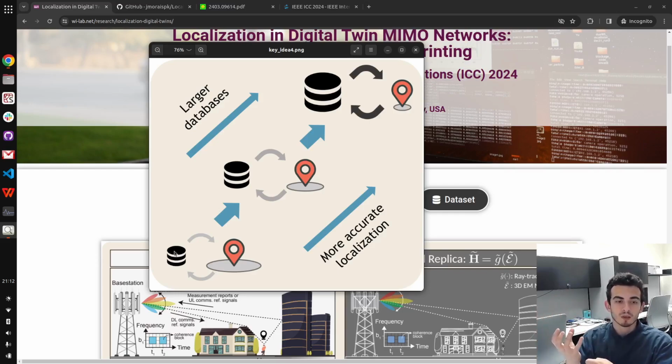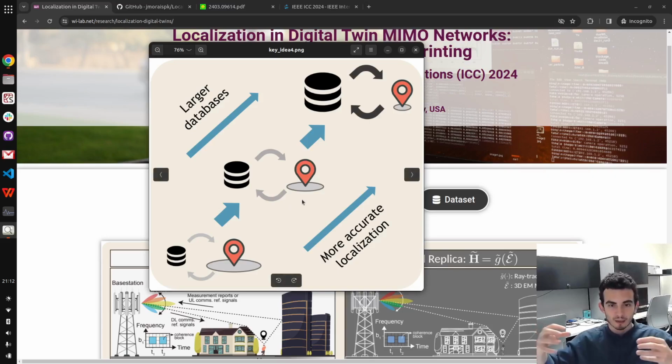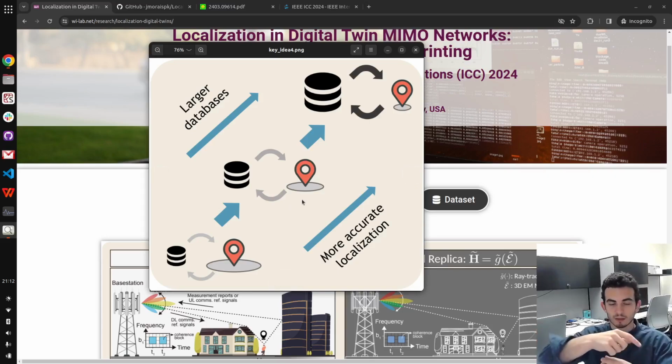Essentially, this will narrow down the amount of possible locations where the user can be and perform this measurement. And the more information we collect about the user, the smaller is the subset of positions where it can be and perform those measurements.